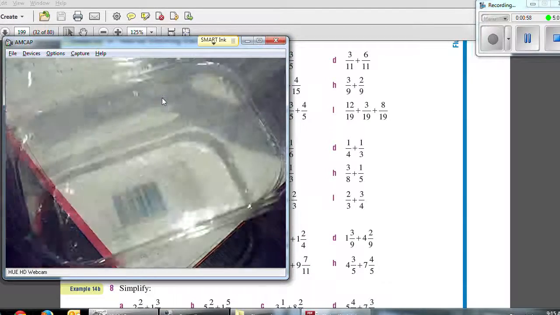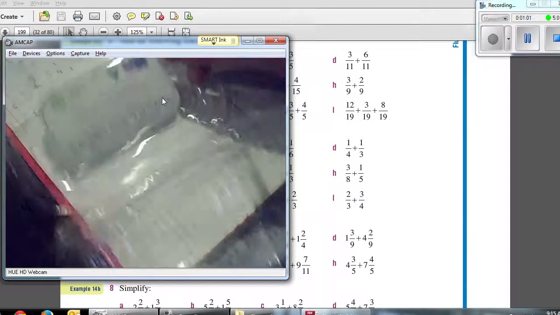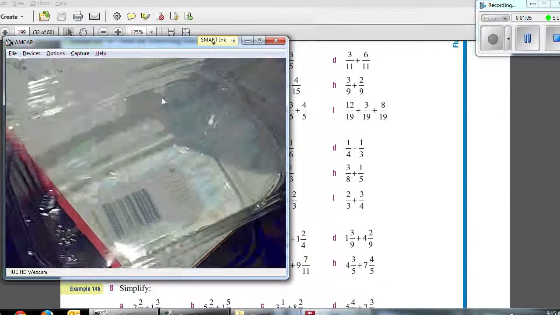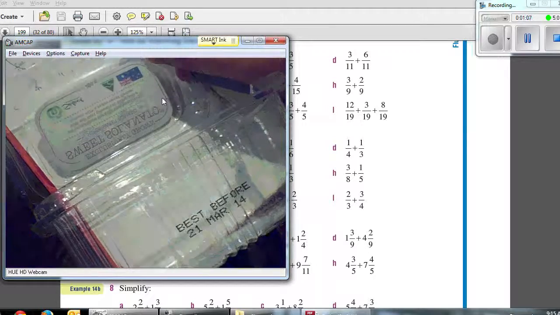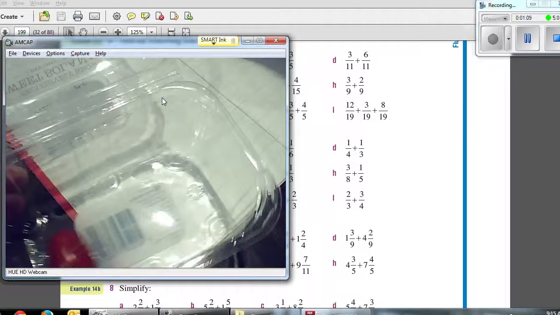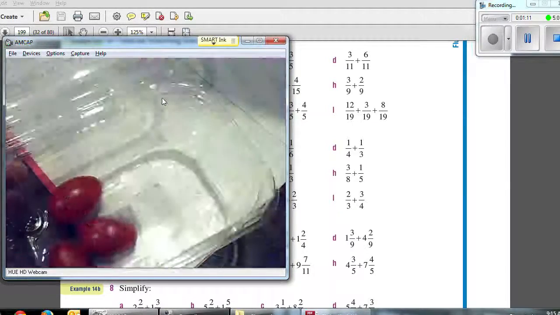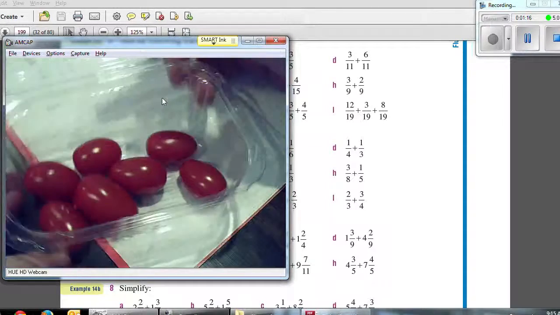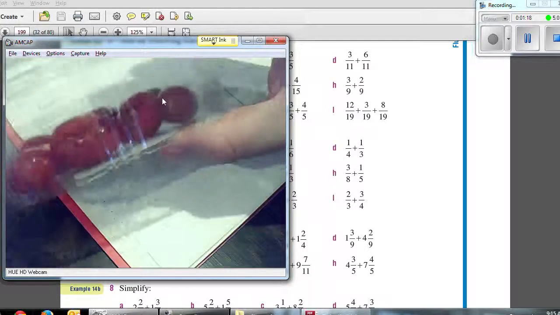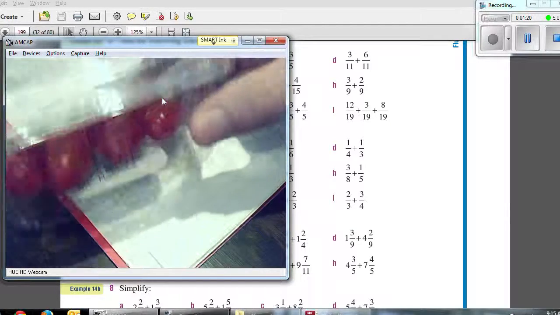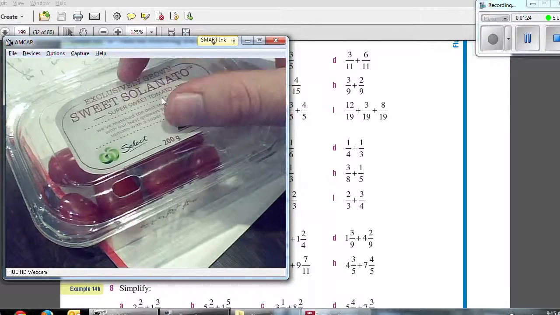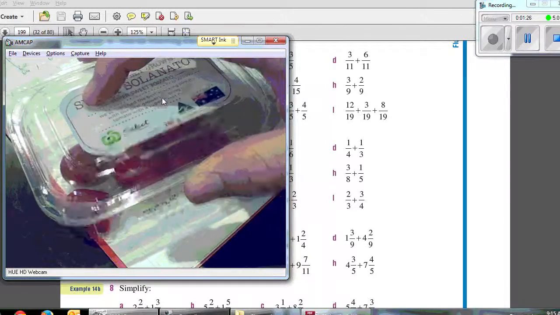The way I want to think about this is that the container is my denominator. It has a maximum amount of tomatoes that it can store in it. And the tomatoes are my numerators. So I can add these numerators onto my denominator, and at the moment I still don't have a full container, because they've been eaten. But I can add as many numerators into this as I want, as long as the denominator is the same.